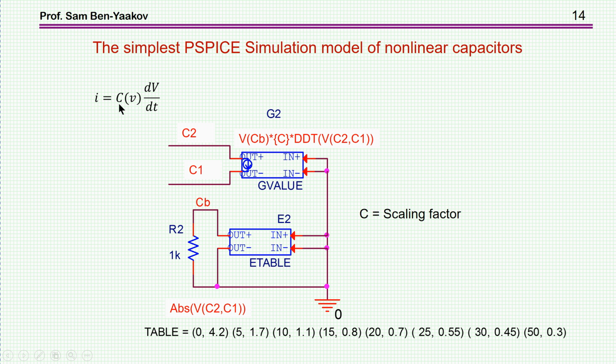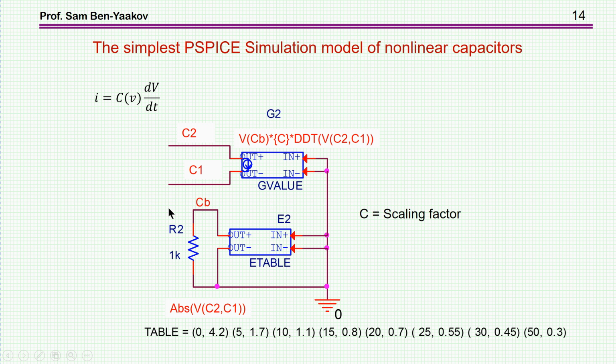We have C, in this case C is a function of voltage, times dV/dt, this is I, so this is the current. C of V is actually information from the table. DDT is the operator of PSpice for a derivative. So what we see here is the following.